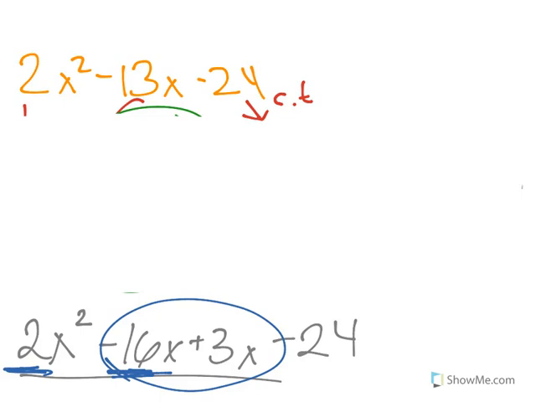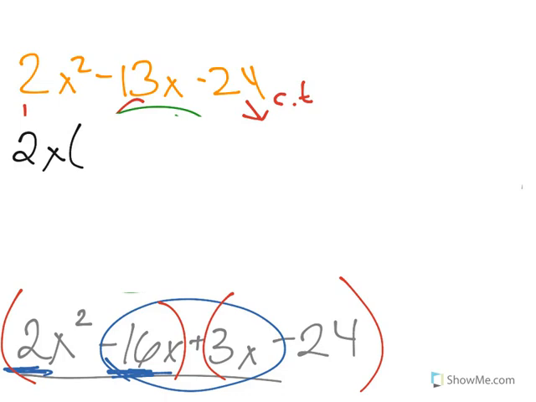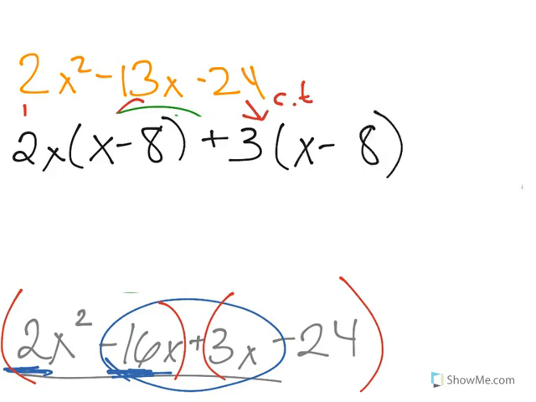We will group these first two terms together and the second two terms. We can factor out 2x from our first two terms, so we're left with 2x times (x minus 8), plus, and here we can factor out a 3, so plus 3 times (x minus 8).